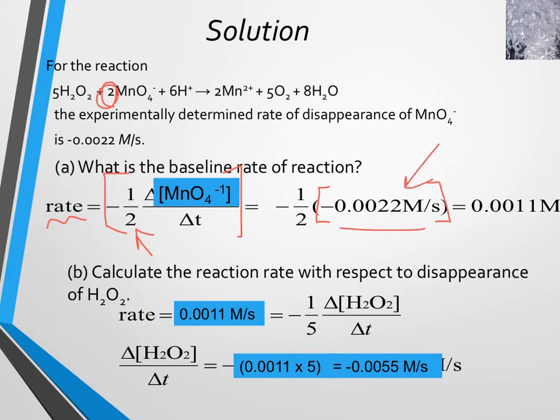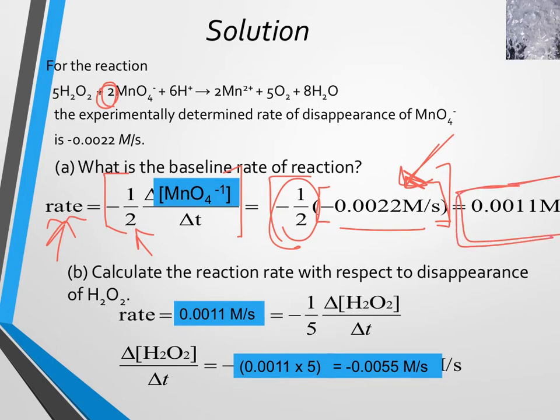Now remember, it's asking you to solve for just the raw rate. So this expression tells you that you take the change in concentration of permanganate over time and multiply it by 1/2. So the rate of the reaction itself is half of what was given for permanganate.